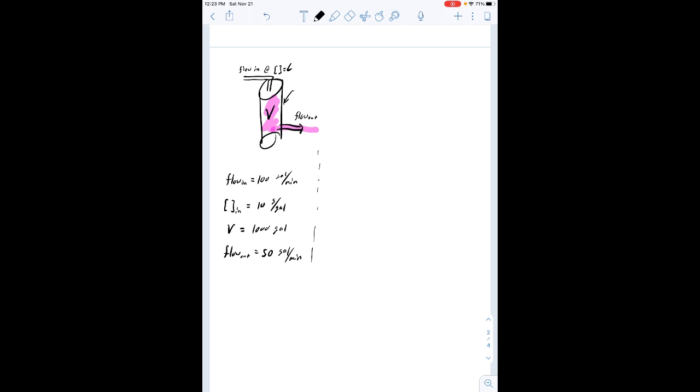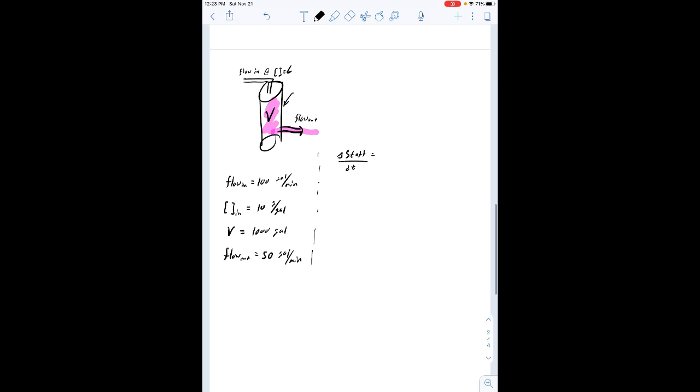So we do the same thing. So we know stuff, so the change in stuff, at an instantaneous amount of time, is equal to stuff in minus stuff out.